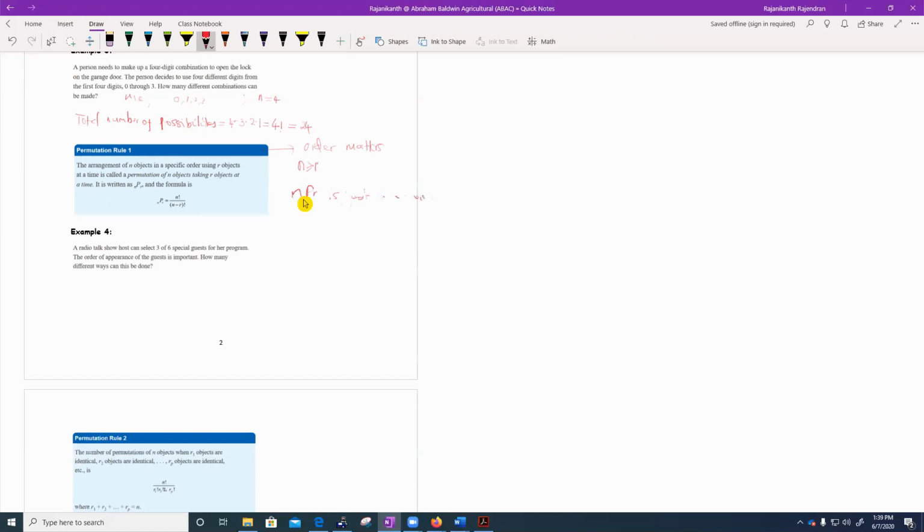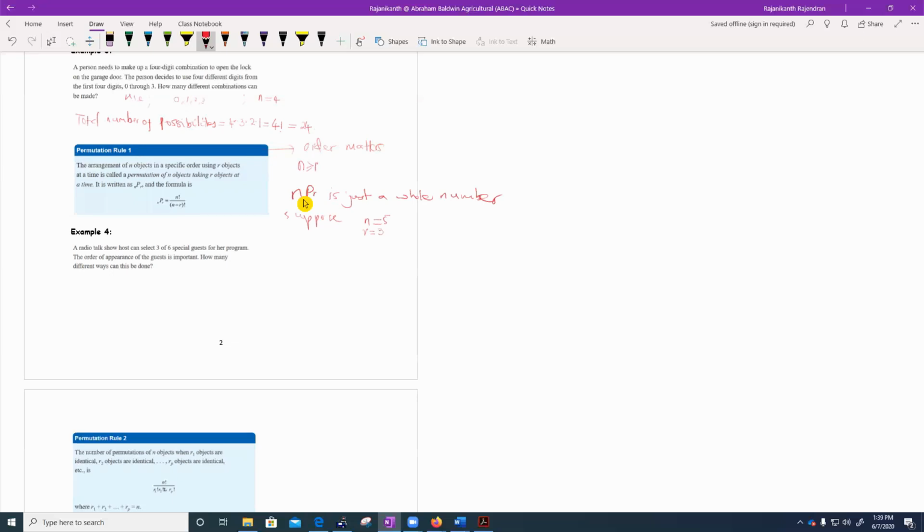This will give you the number of total possibilities, right? For example, suppose you are given five objects, and I'm asking you, could you choose three from these five? And in how many different ways could you arrange?